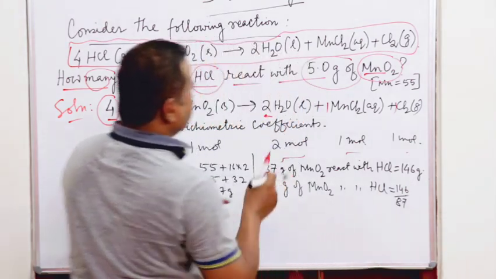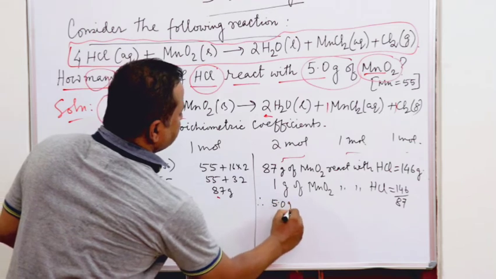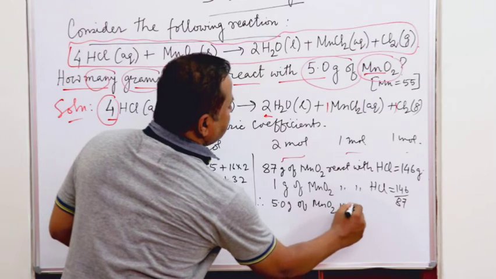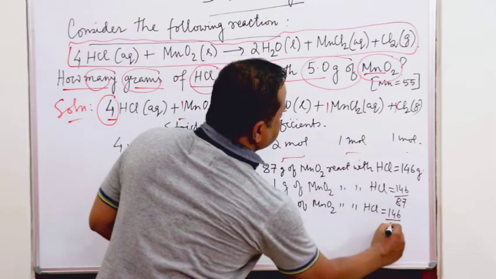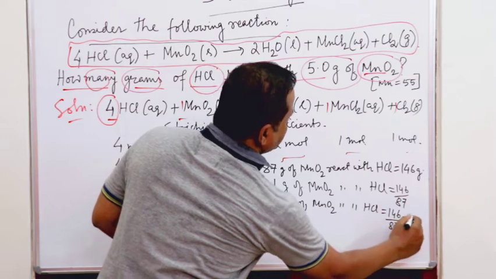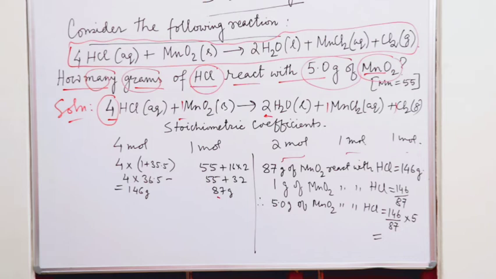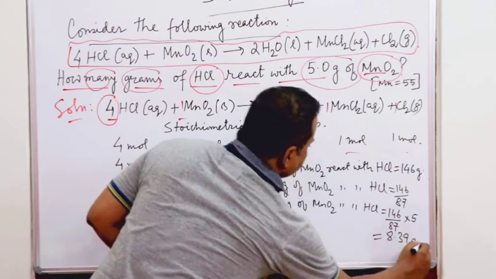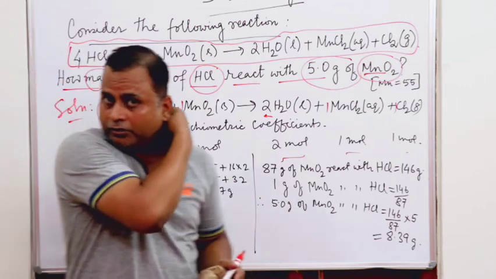Now in question we are given 5 gram, therefore 5 gram of MnO2 reacts with HCl is equal to 146 by 87 into 5, and on calculation this will come out to be 8.39 gram. You can check it yourself. So this is the first question related to stoichiometric calculation.